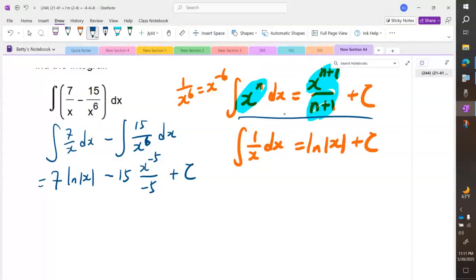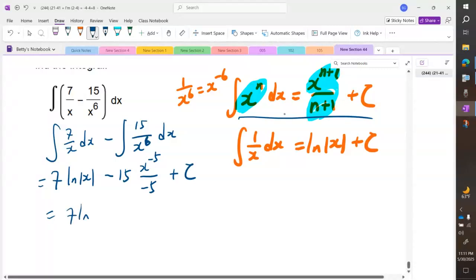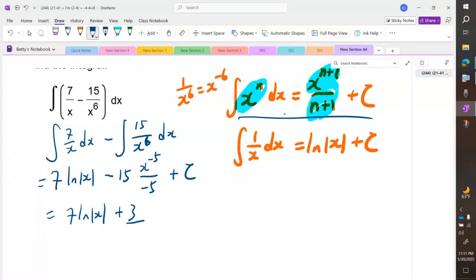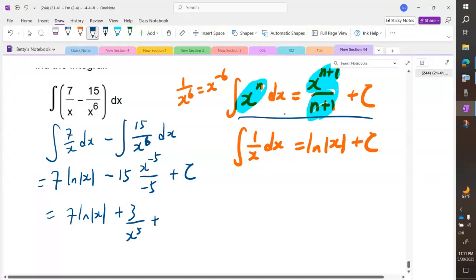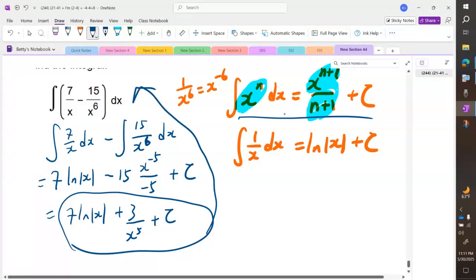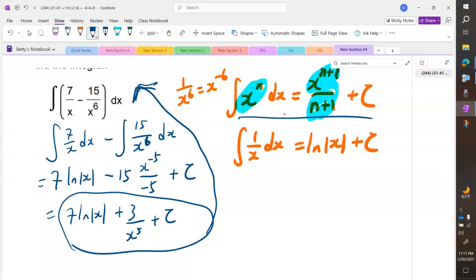And then plus c. So 7 ln absolute value of x, and negative times negative is positive, 3 over x to the fifth, plus c. So that is the answer. If you are not sure, you can always go back, right? I think for most students, taking the derivative is more familiar than taking the integral.